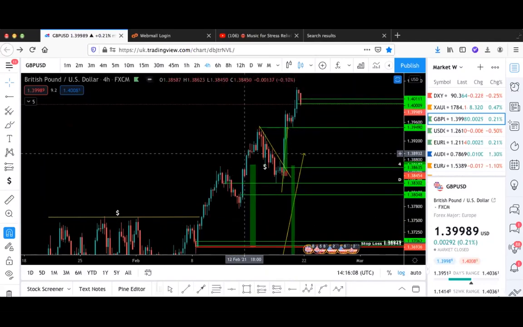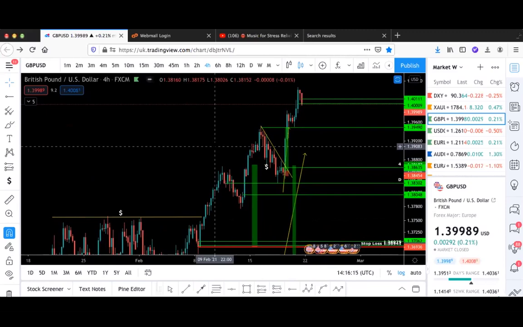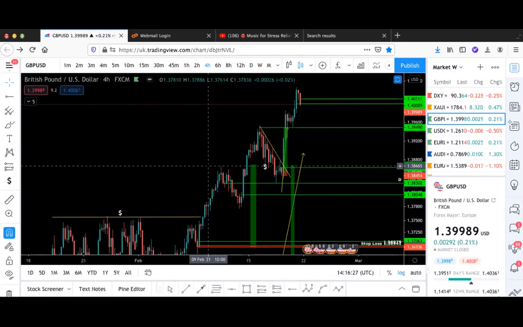Now quickly walk through what we could anticipate on major pairs tomorrow. Normally I analyze the market after market open and the candle close, the day-open candle close, which is the 10 o'clock candle, UK time.